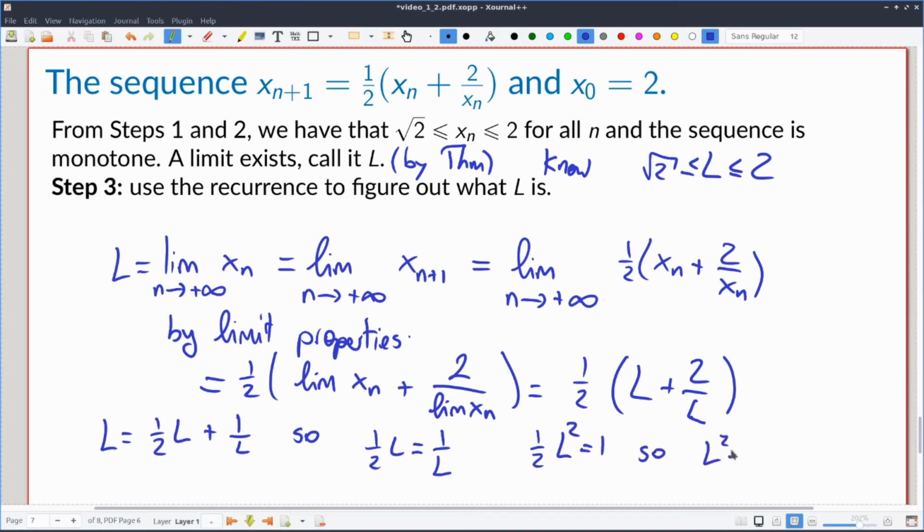So L squared equals 2. So L is plus or minus root 2, but we know from that underlined in red statement that root 2 is less than or equal to L is less than or equal to 2. What that then gives us is that L is equal to root 2. So that's our limit. The limit is root 2.